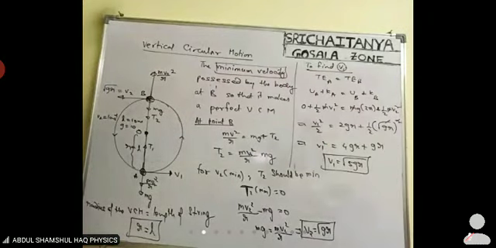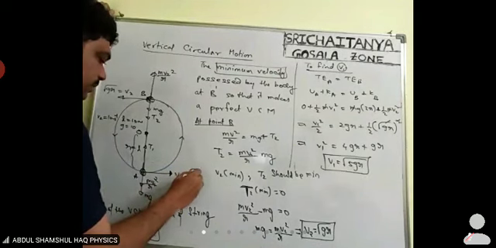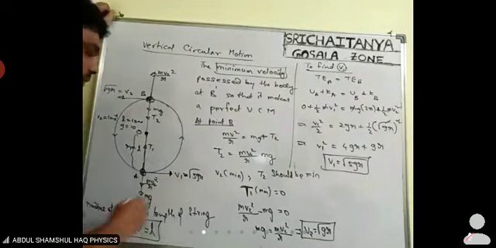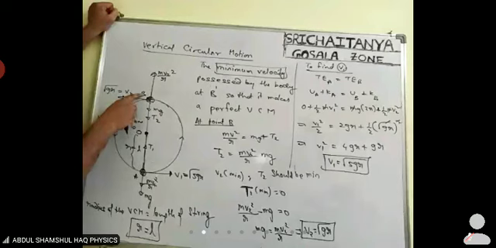So this is the point. At this lowest point of this vertical circular motion, the speed it should possess should be equal to root 5gr. If it possesses the speed root 5gr here, the speed decreases, and on reaching this location it would become root gr.